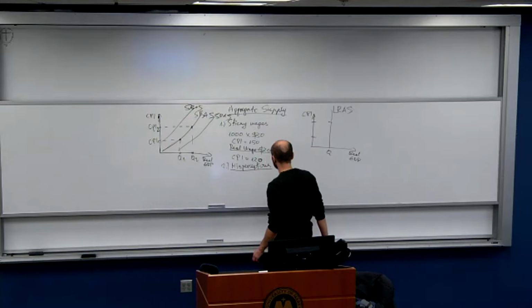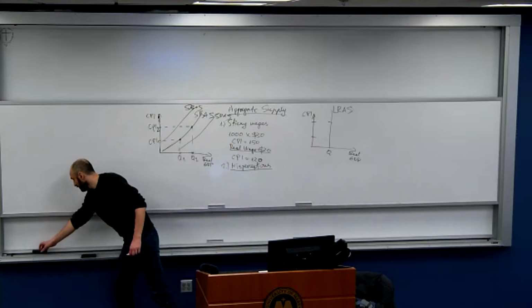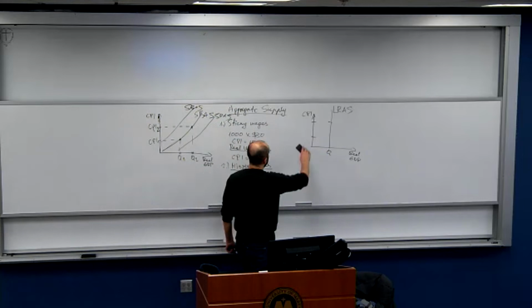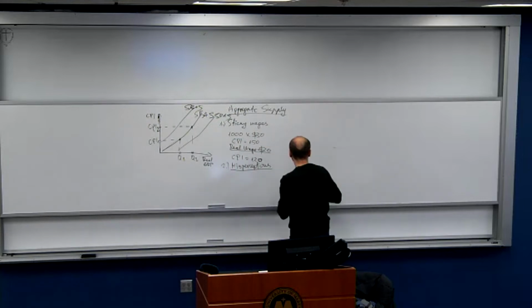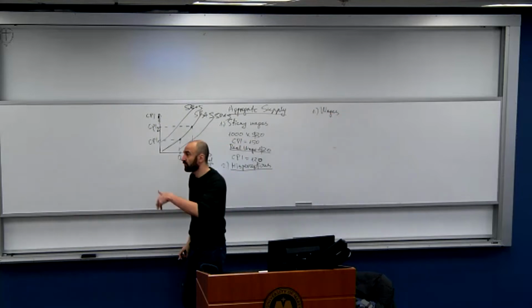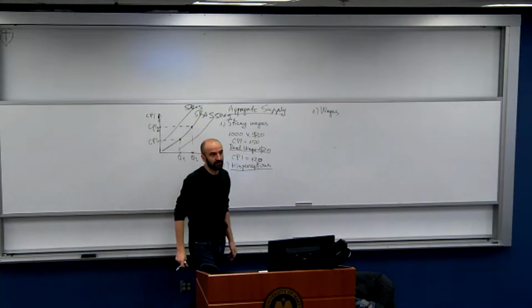So there are a variety of things here that can influence shifts in the aggregate supply. The first one is wages. Wages can change for all kinds of reasons, up or down.